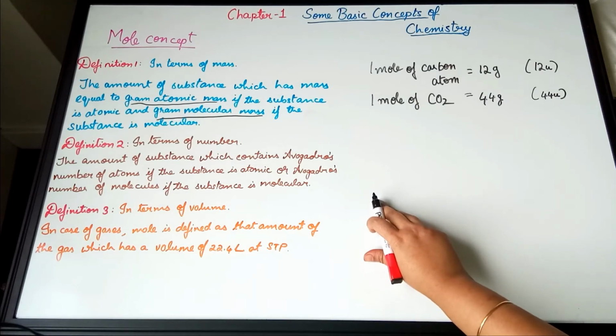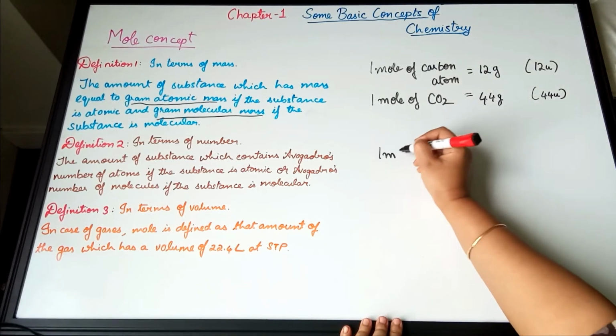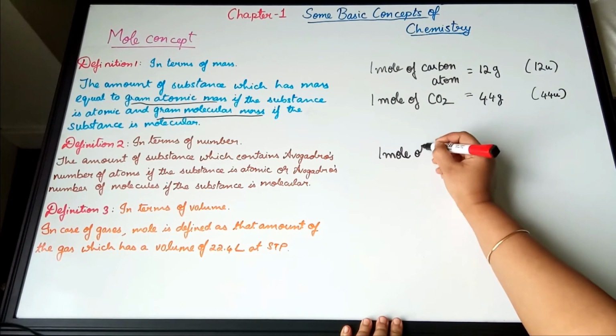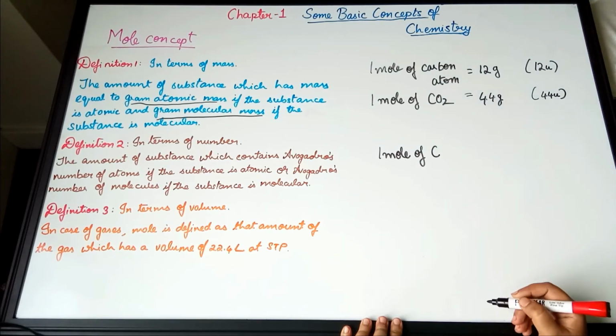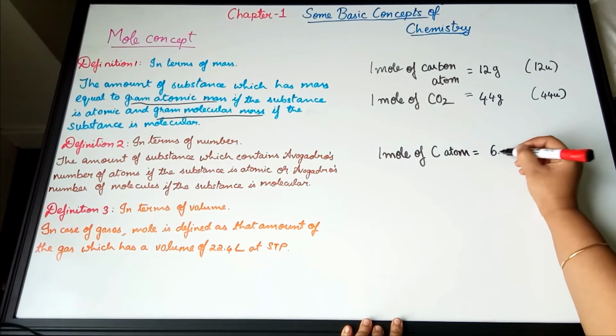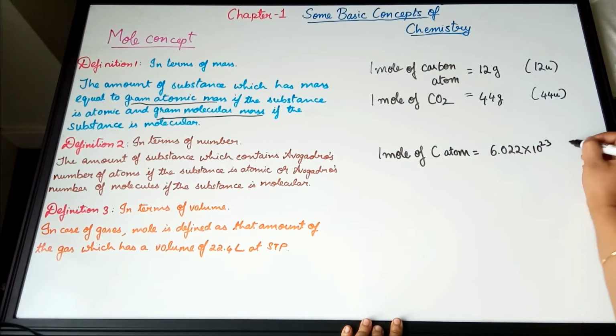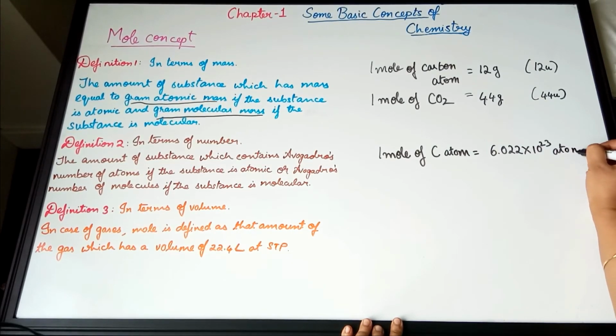So mole is defined as the amount of substance. This means 1 mole of carbon atoms will have 6.022 into 10 to the power 23 atoms.